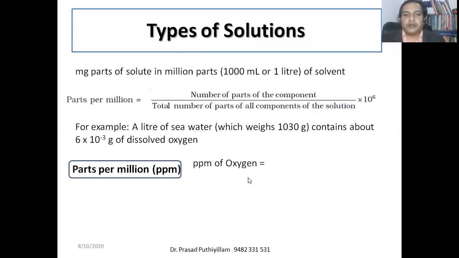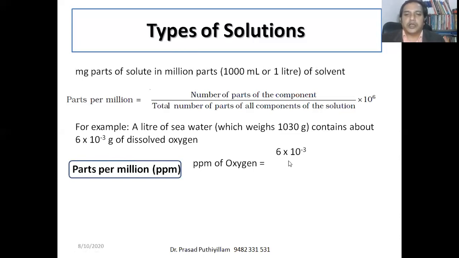The ppm of oxygen can be calculated as the number of parts of the component. Here the component is oxygen, which is dissolved in water. The number of parts is given as 6 into 10 to the power minus 3 gram.